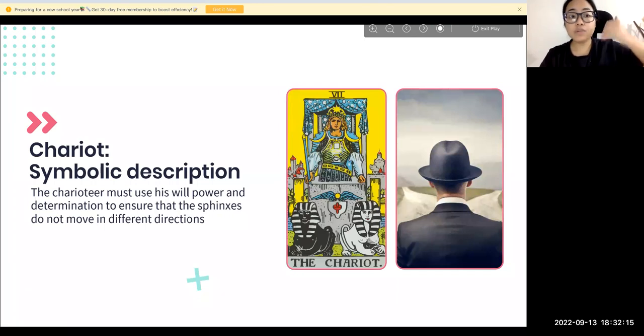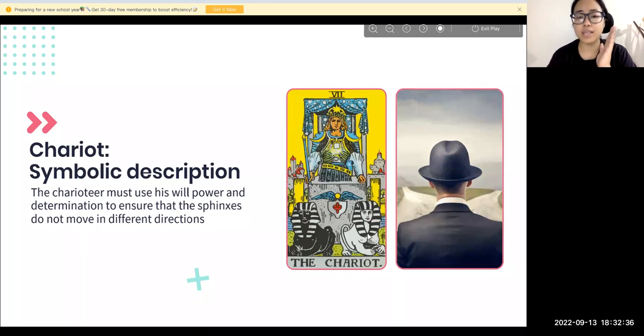So you can also consider these horses to be the inner emotions that you carry. Let's say you feel sad and the whole day sadness is taking over you. If you feel very upset, the whole day the upset is taking you away from the work that you are doing. So what is the Chariot trying to say here?